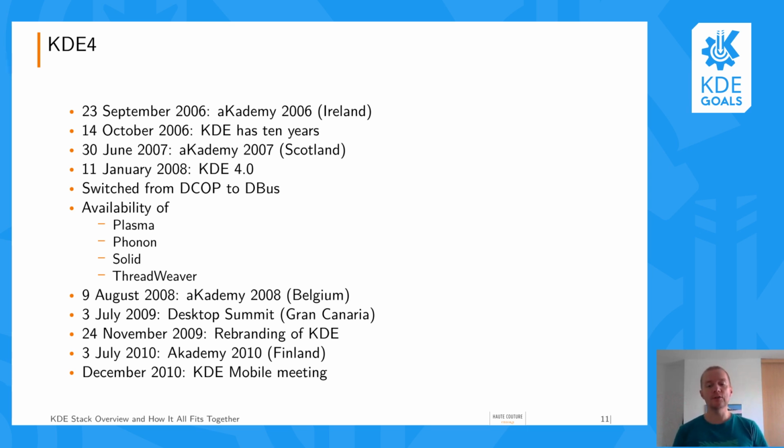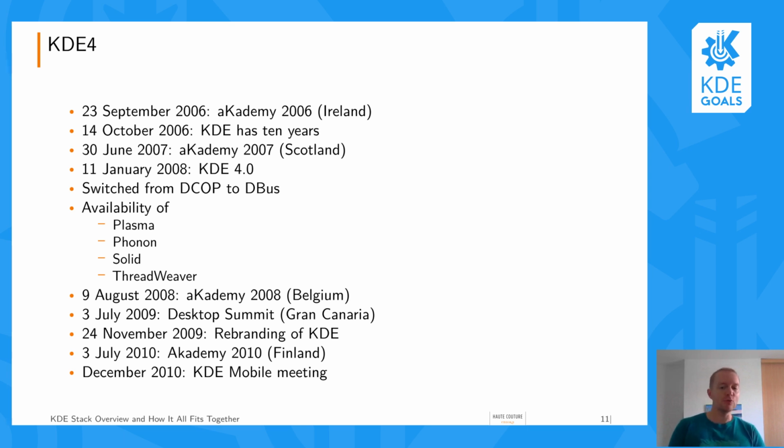And the first desktop summit in Gran Canaria, there's been actually only 2 of those, but that was a joint GUADEC and Academy. And that's around that same year that we started to rebrand KDE, and to position KDE not as the name of the software anymore, but the name of the community producing the software.